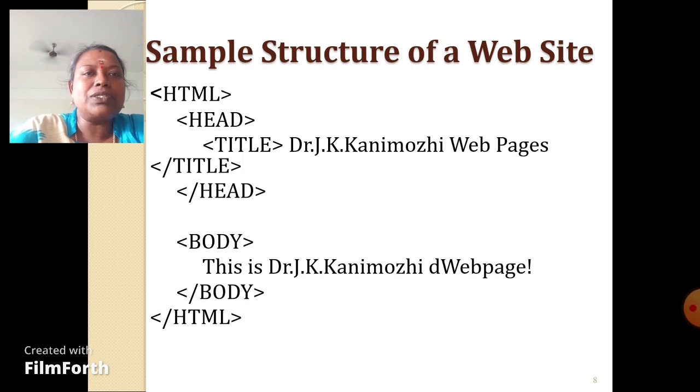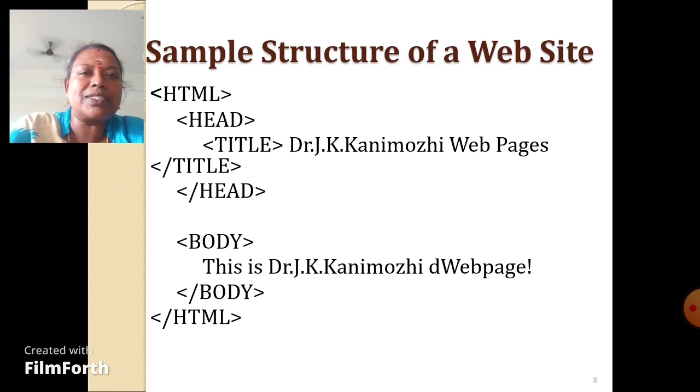Sample example to create one simple HTML coding. To create the HTML tag, opening and closing tag, inside the statement we create the header, title and body of the tag. In head, the title is displayed at the top corner of the web page, then closing head and title, and the main concept runs based on the body tag.